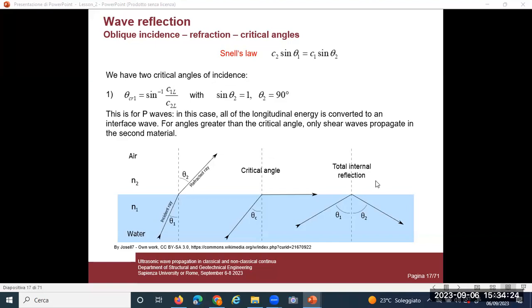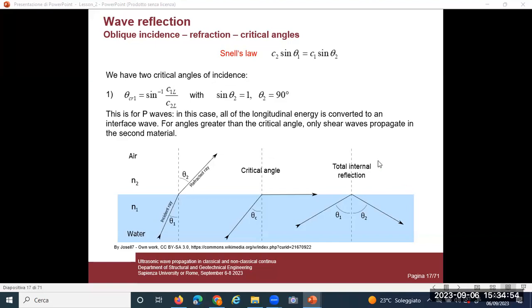The first one, which depends on the relationship between properties of the two materials, is, for instance, an angle which blocks some kinds of waves, let's say P waves. So in the second continuum, only shear waves can propagate. P waves are all reflected into the first material.